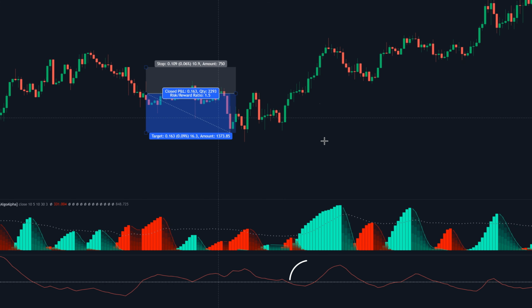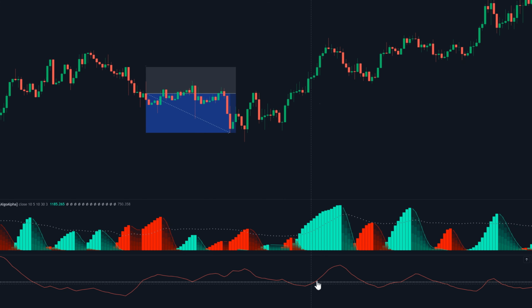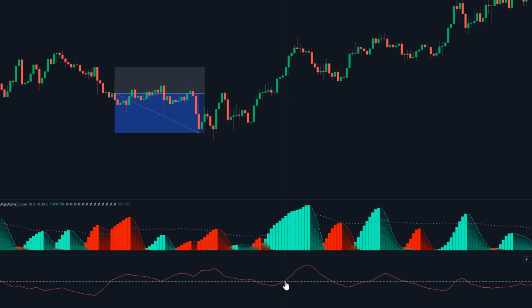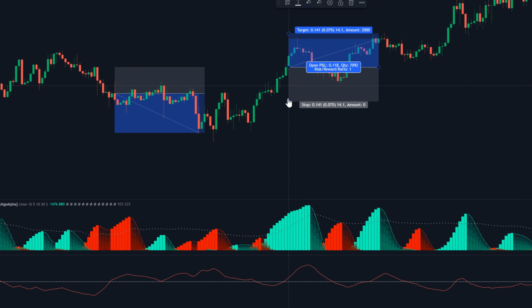Then here, the ADX crossed above the white horizontal level. Looking at the momentum bias index, we can see a histogram bar that closed above the gray dotted oscillator. This was another entry.